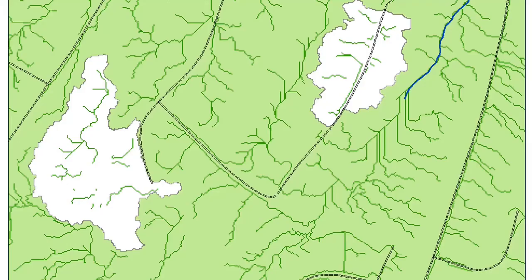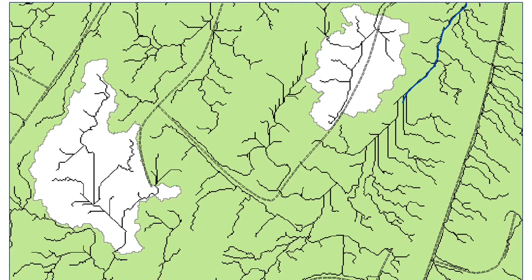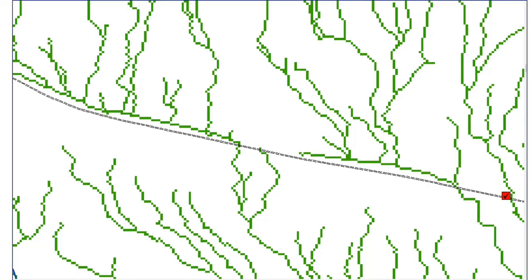Here's another example of how the existence of sinks will affect the drainage areas. These areas in white, because there's sinks there, won't get accounted for in our runoff calculations or our drainage area calculations. So if we fill them in, then we can connect them to the drainage network. But filling in sinks, while it's a pretty standard GIS 101 kind of activity on a digital elevation model, has its drawbacks.